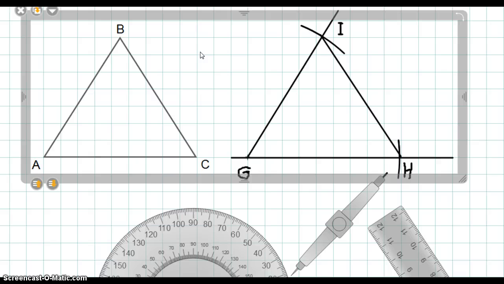And this time we didn't use SSS, we used SAS. We focused on one side and another side, and then an angle which was in between those two sides. We used those three pieces of information to draw the congruent triangle GHI.